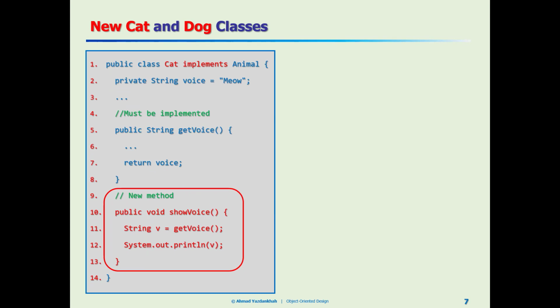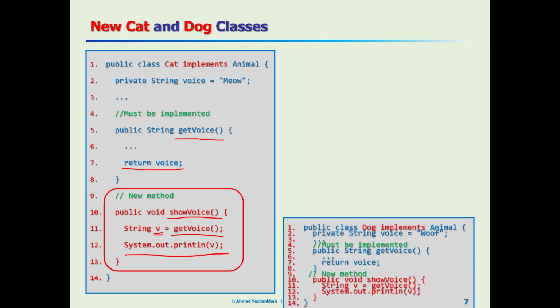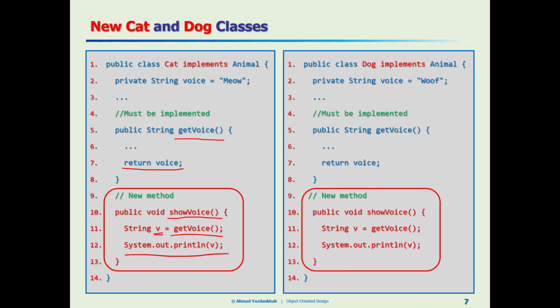We added a show voice method. In show voice, we call get voice to return the voice, put it in this variable, and then just print that. The same thing in the dog class.